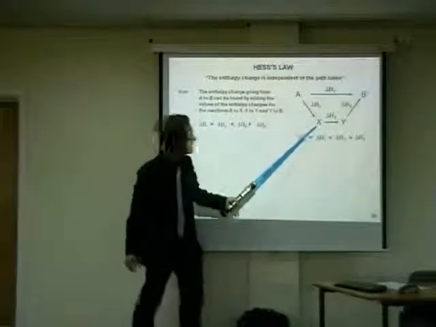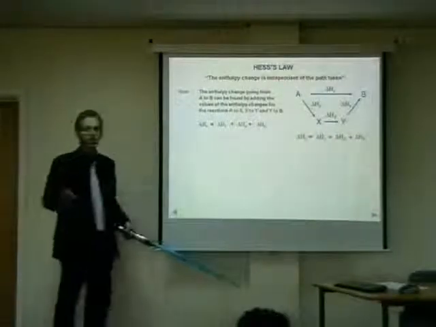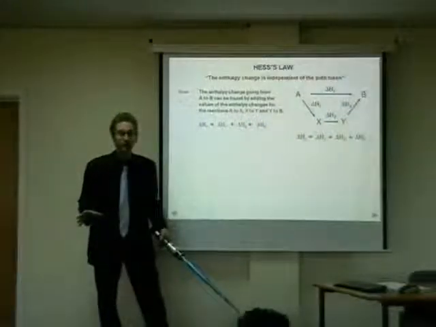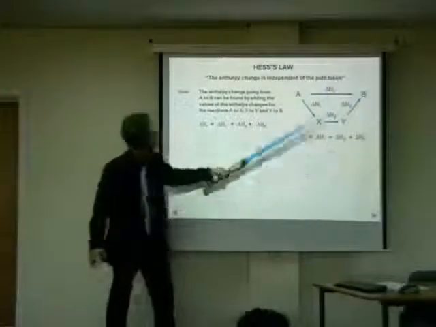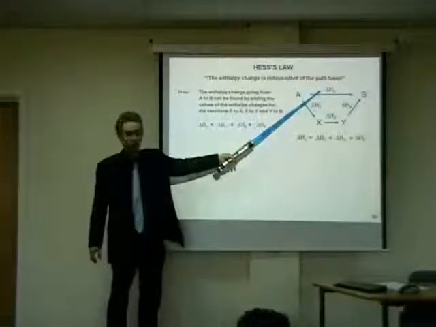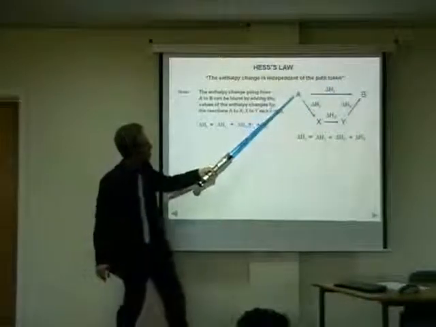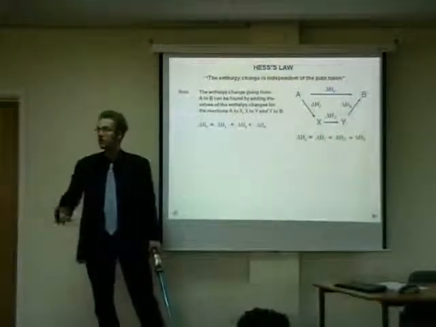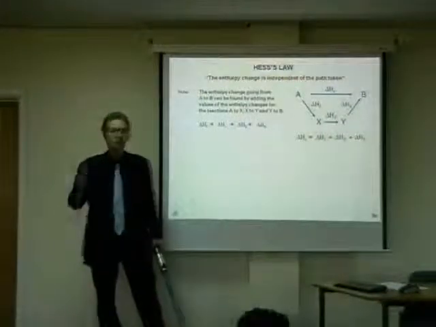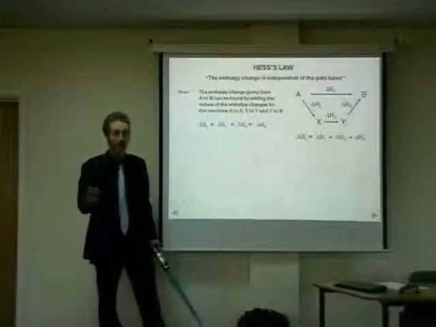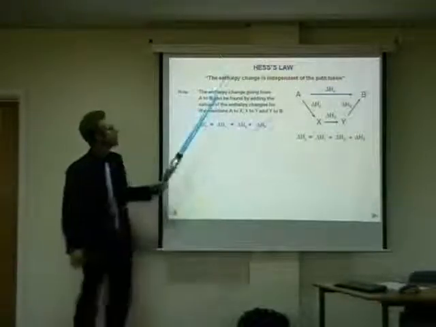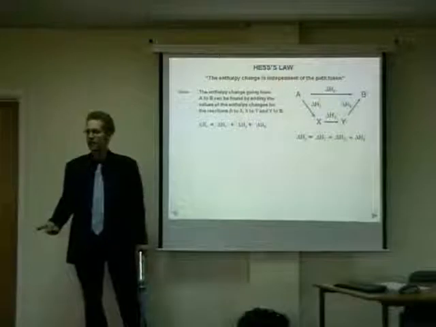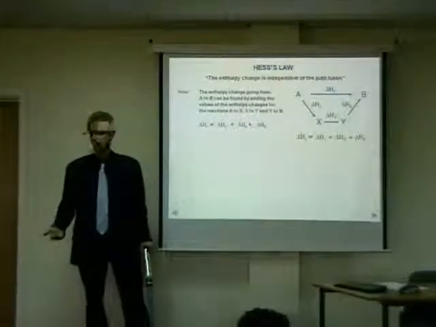And I have some intermediates here, X and Y, the total energy change from A to B is the same whether I do the reaction directly, which in this case is delta HR, or I turn A into X, X into Y, and Y into B. It's a bit more convoluted, it takes a bit longer, it's a bit more effort, but the total energy change remains the same. So Hess's law is very simply, the enthalpy change is independent of the path taken, or the route taken. Got it? Good.